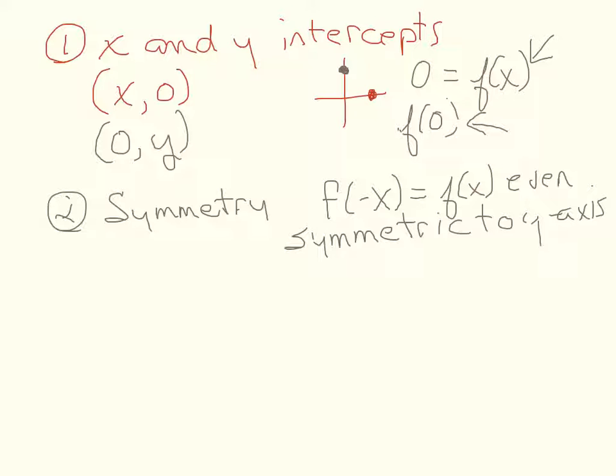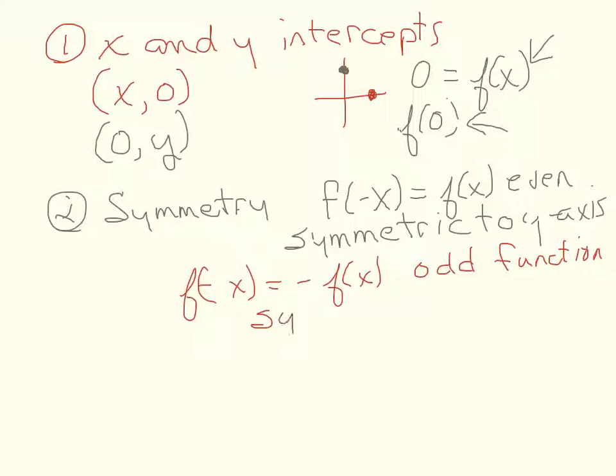If we have f of negative x and we get the opposite of f of x, we have an odd function, and we have symmetry with respect to the origin. An example of that is y equals x cubed. With an odd function, you will have only odd exponents and no constants.